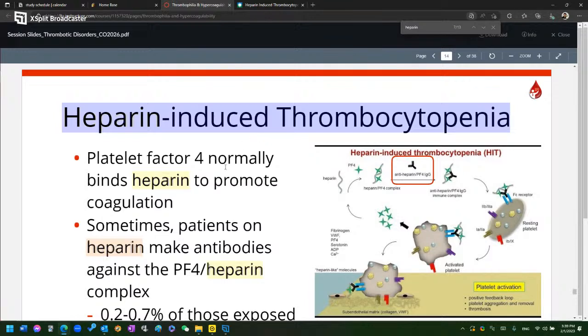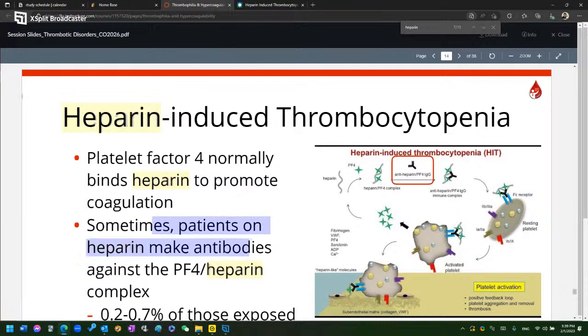So what'll happen is you'll give the patient the anticoagulant heparin, but instead of seeing them clot less, you'll see them clot more because they have this antibody associated with heparin.